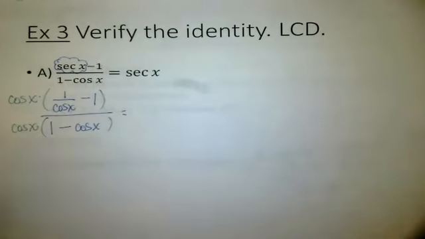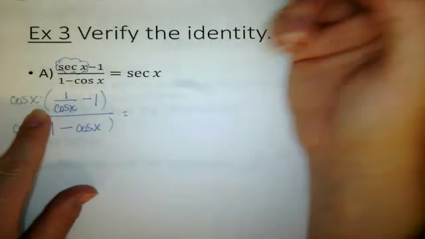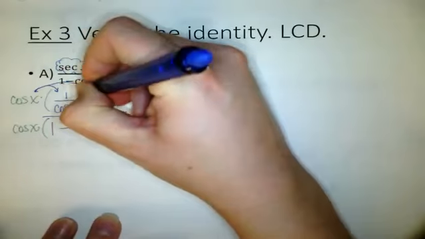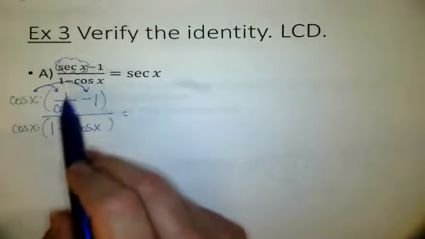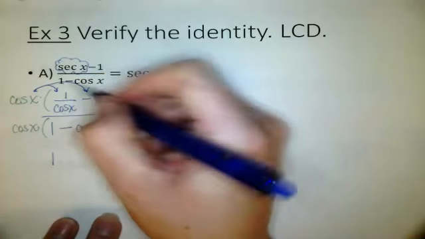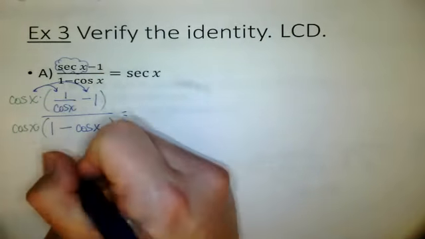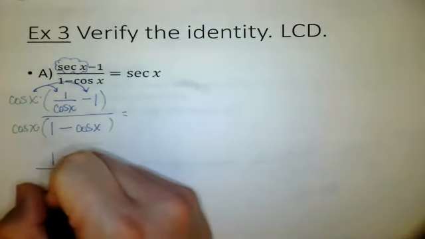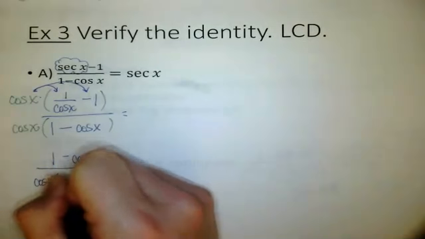And then I'm going to go ahead and distribute in my numerator and see what happens. What is cosine of x times 1 over cosine of x? 1. And then cosine times negative 1? Negative cosine. In my denominator, I'm going to go ahead and leave it factored.